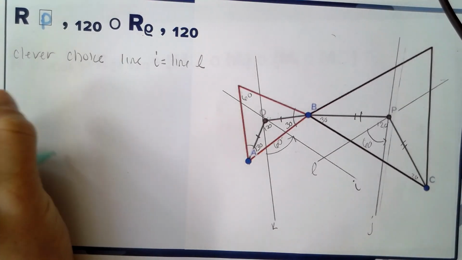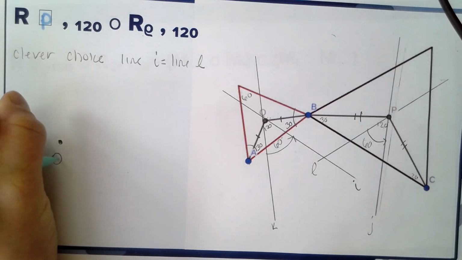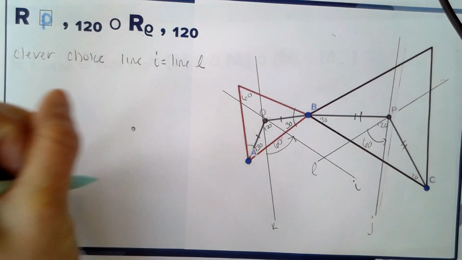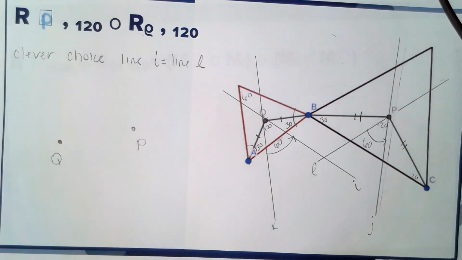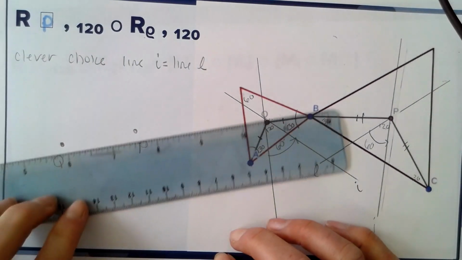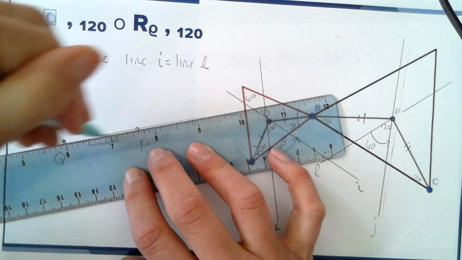If we redraw, I'll just redraw my centers here, Q and P. And I'm going to draw that line, we'll call it I, and it has to go through both points.